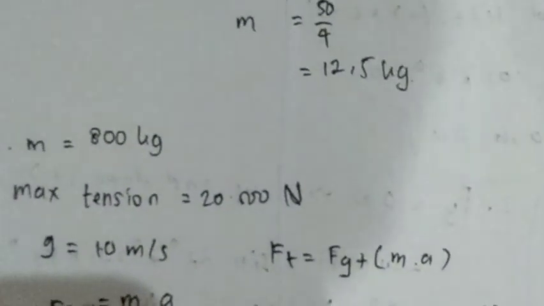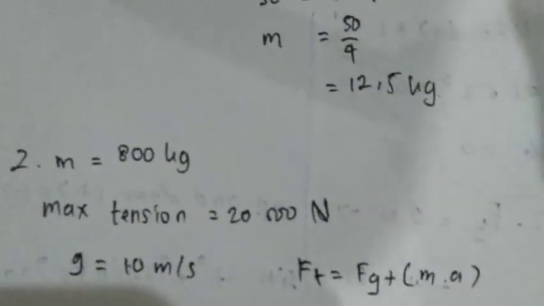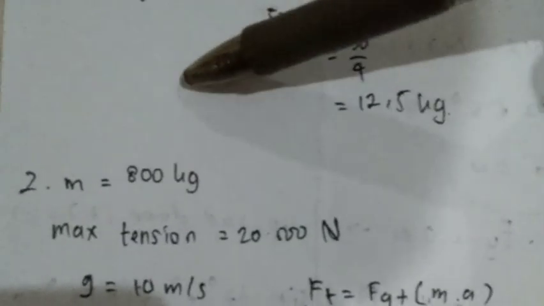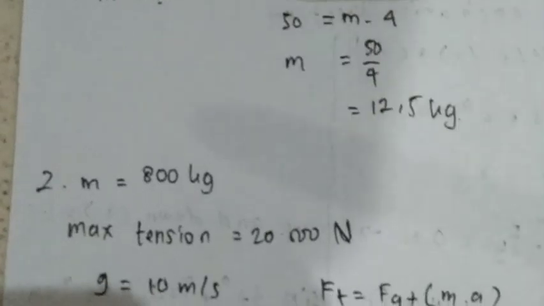Some physics problems. For the first problem, you should write down the F, delta T, delta V, and the one that you want to find.